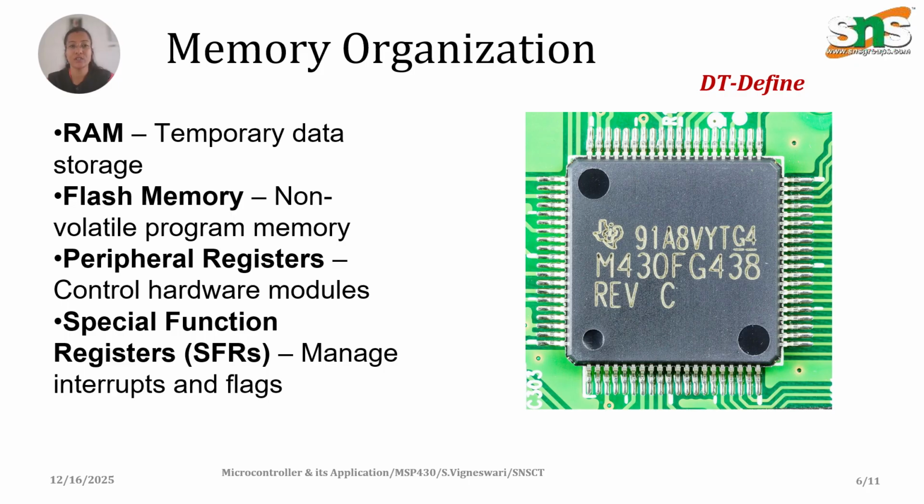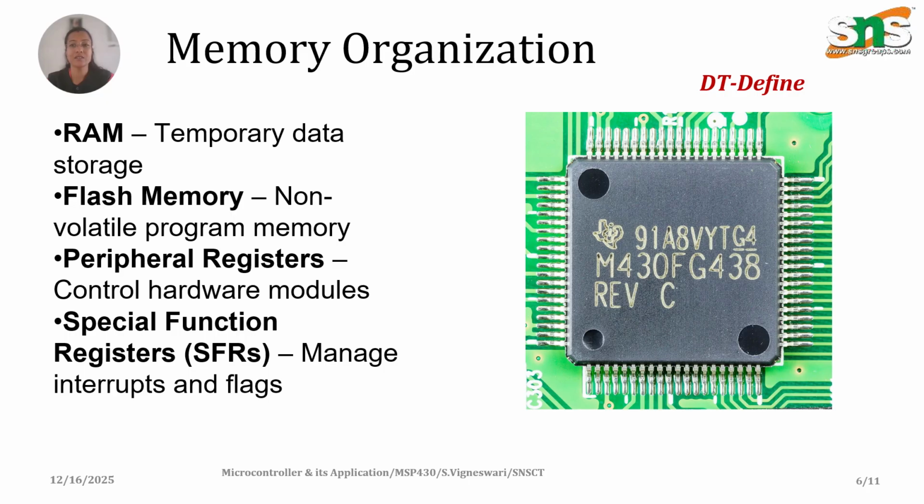Memory organization. Memory organization in MSP430 is very systematic. RAM is used for temporary data storage and variables. Flash memory is the non-volatile memory, the program memory, as we say. It stores the program permanently.